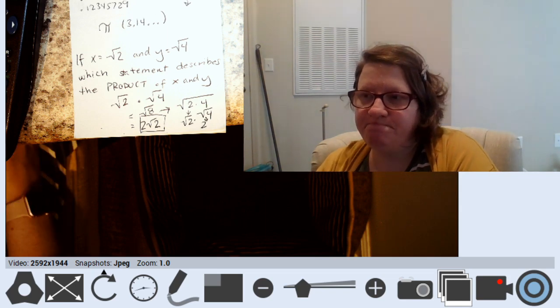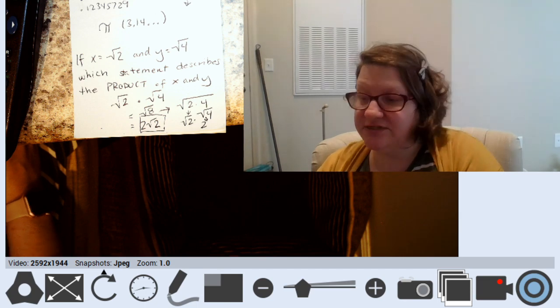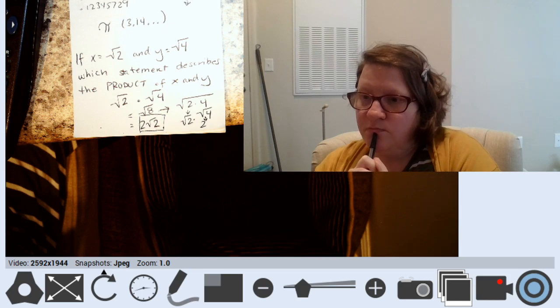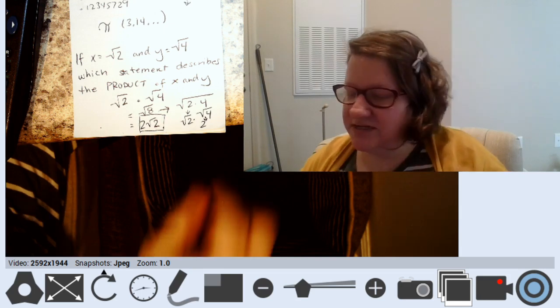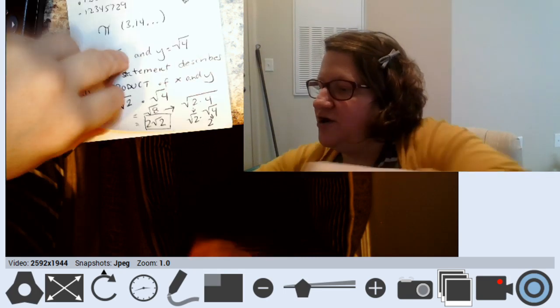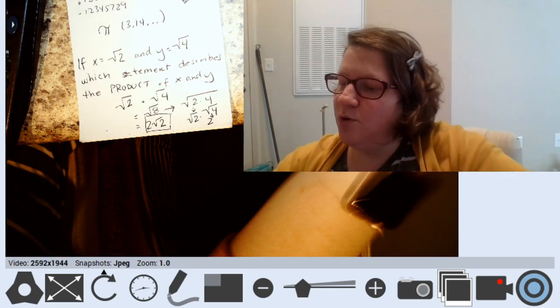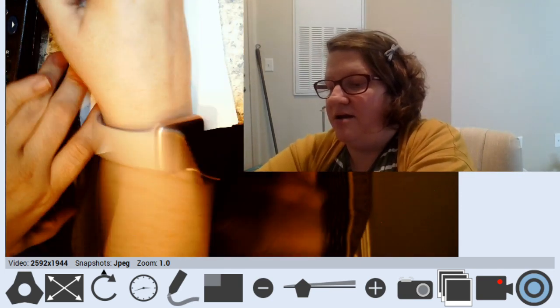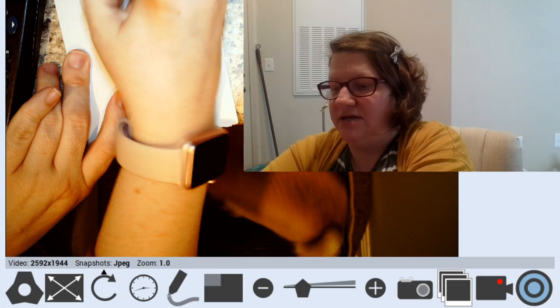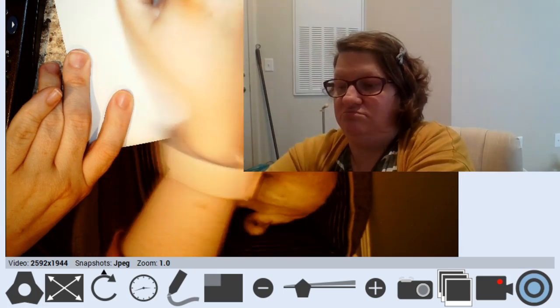So let's see if we can think of a rational. So here we had rational and irrational, because we want to kind of make up some rules, right? What we've learned is this so far. Example 1, we had irrational plus rational equals irrational.